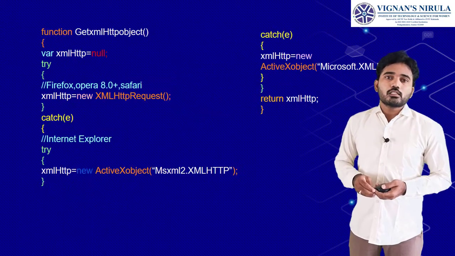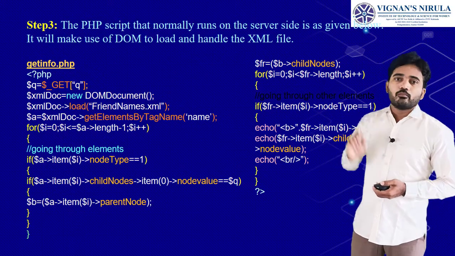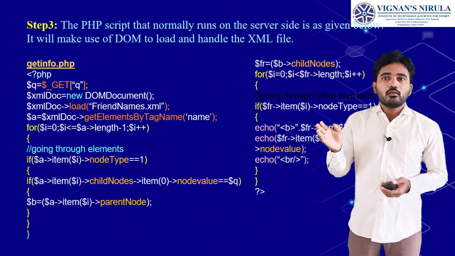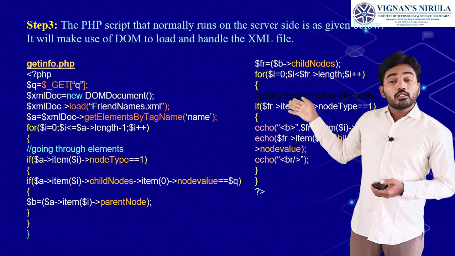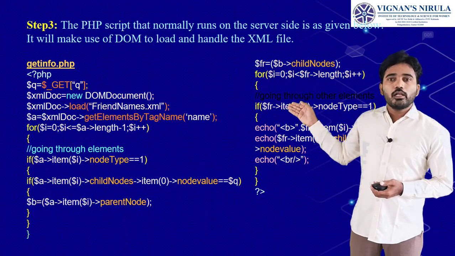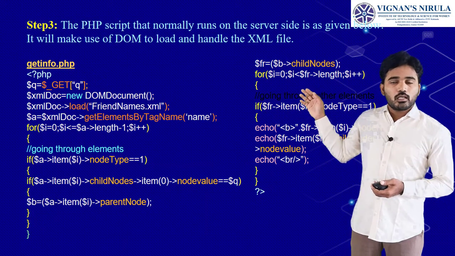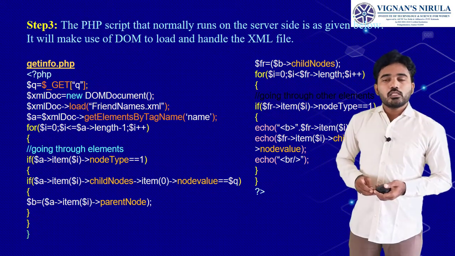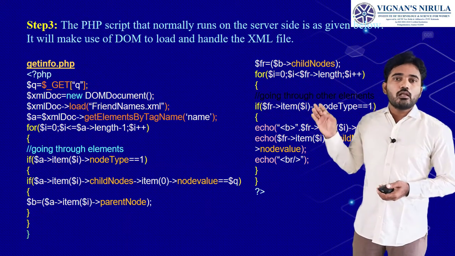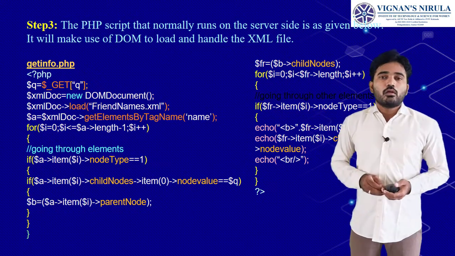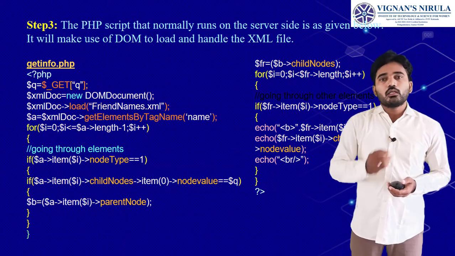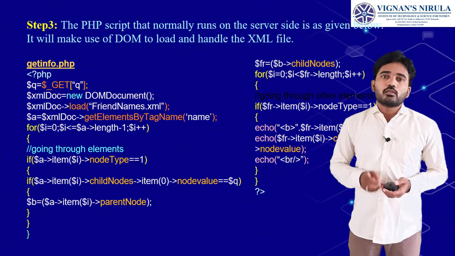Now let us discuss the PHP here. The PHP script normally runs on the server side, which is given here. It will make use of the document object model, and it loads and handles the corresponding XML document. First, by using the $_GET array variable, we have loaded our query, which is passed from the previously used JavaScript file.